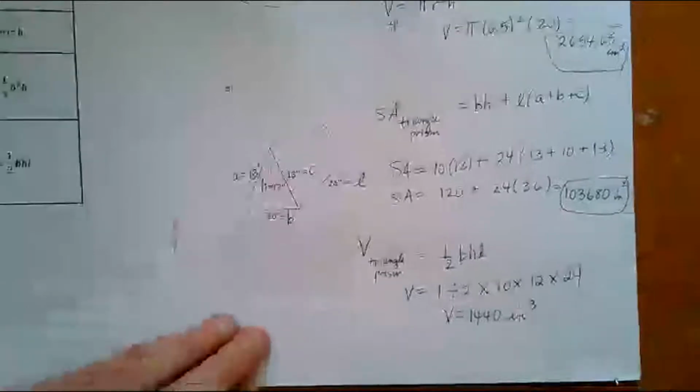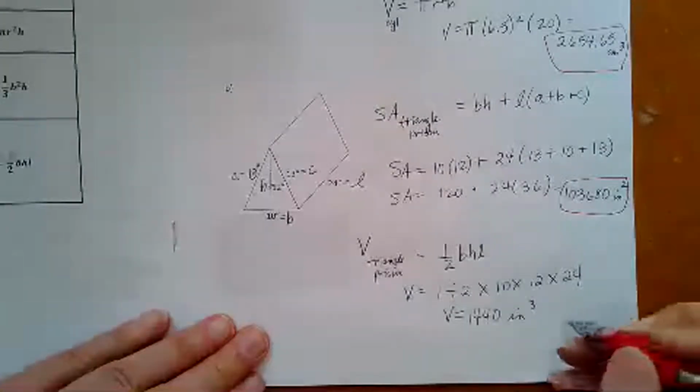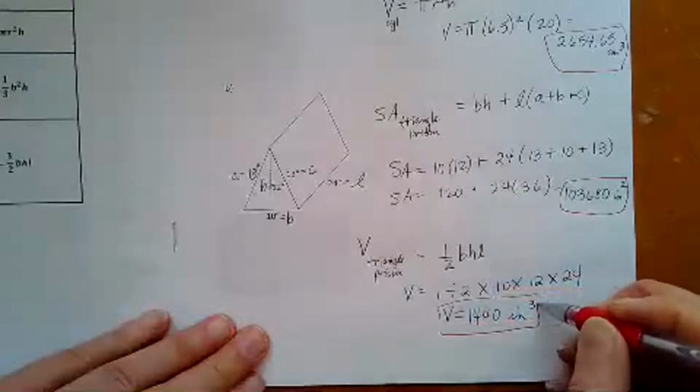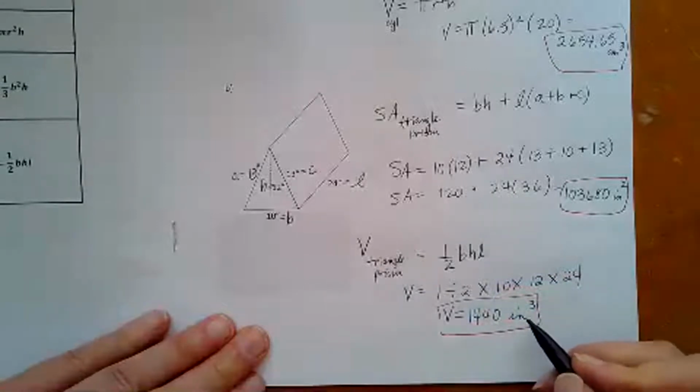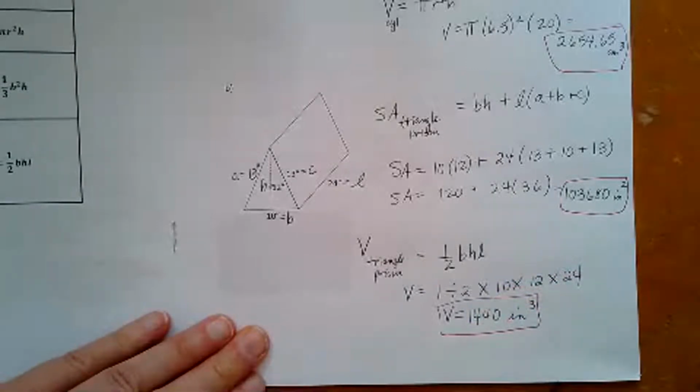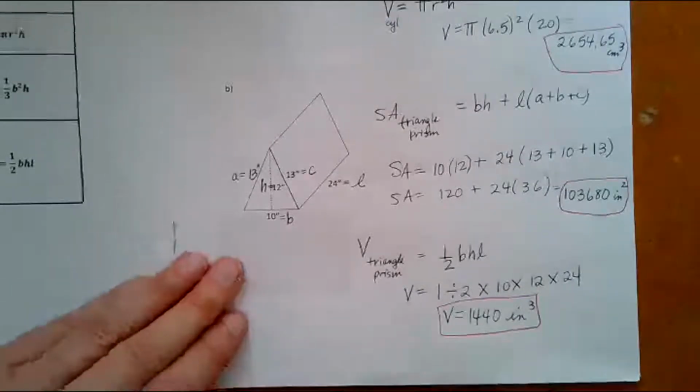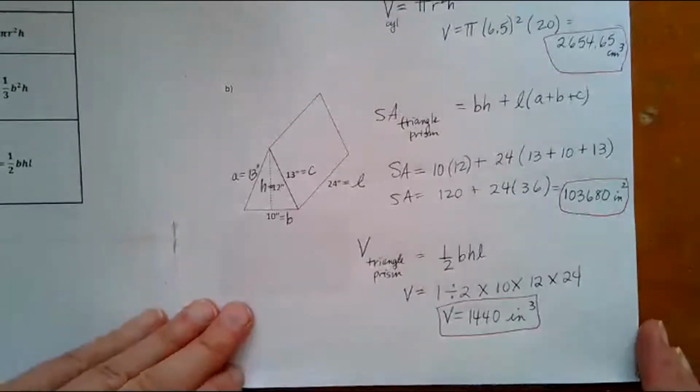Notice I don't use the double hash, just like I avoided using them in the area units, because it doesn't look right. So I always write the word inches out.